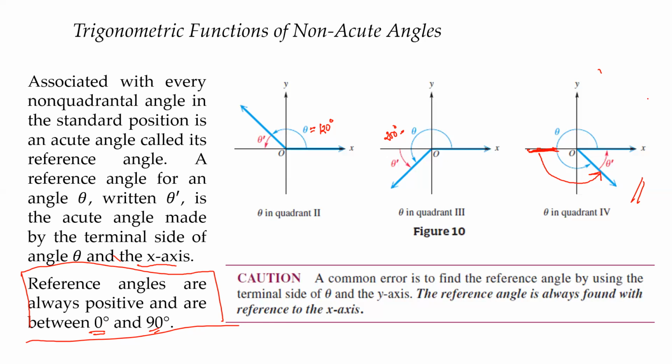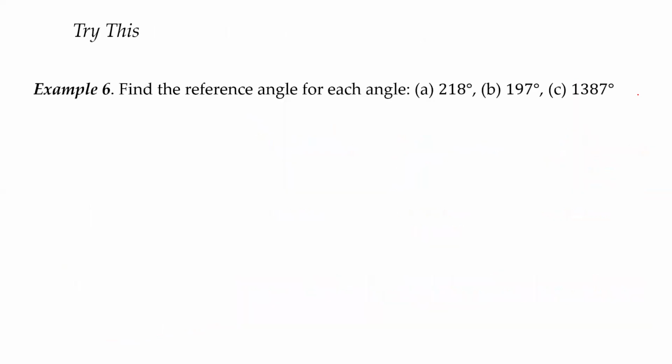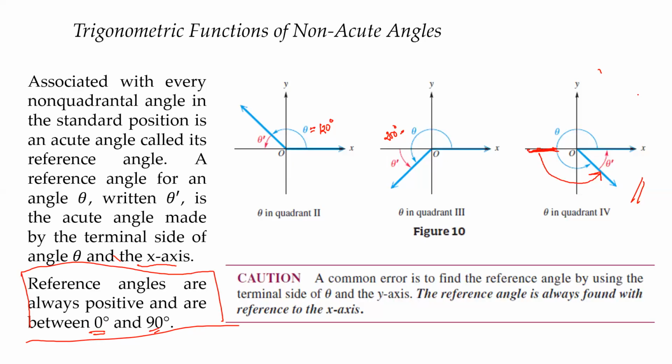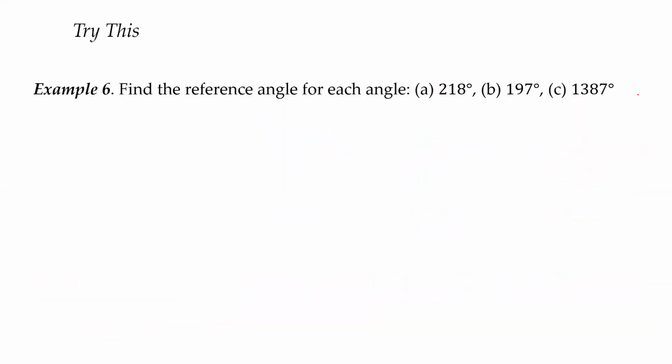So it starts from the x-axis. It is the same analogy: since our angle is measured in standard position, from the x-axis with its vertex at the origin, we reference our angle to the x-axis, either the positive or negative x-axis. So based on these definitions, let us do example 6.